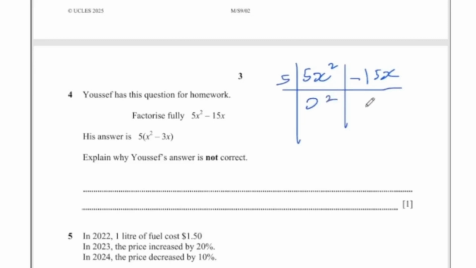Question 4. Yusuf has this question for homework. Factorize fully 5x squared minus 15x. His answer is this. We're asked to explain why Yusuf's answer is not correct. So this is what we do. We first of all try to obtain the correct factorization. 5 here gives us x squared, this is minus 3x.